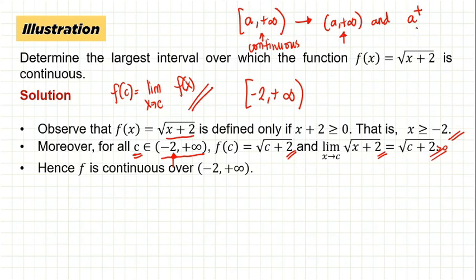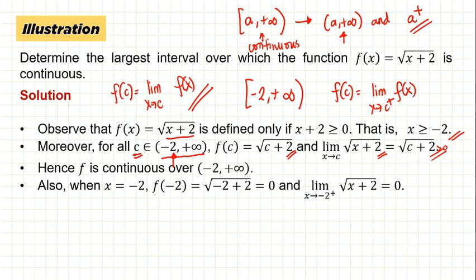Next, we need to check the continuity from the right of a. So our a again is -2. And we can only say that it is continuous from the right at a if f of c is equal to the limit of f of x as x approaches c from the right. Okay, so in this case, when x is equal to -2, si f of c yung sinusolve natin. So c is -2. So f of -2 is equal to the square root of -2 plus 2.